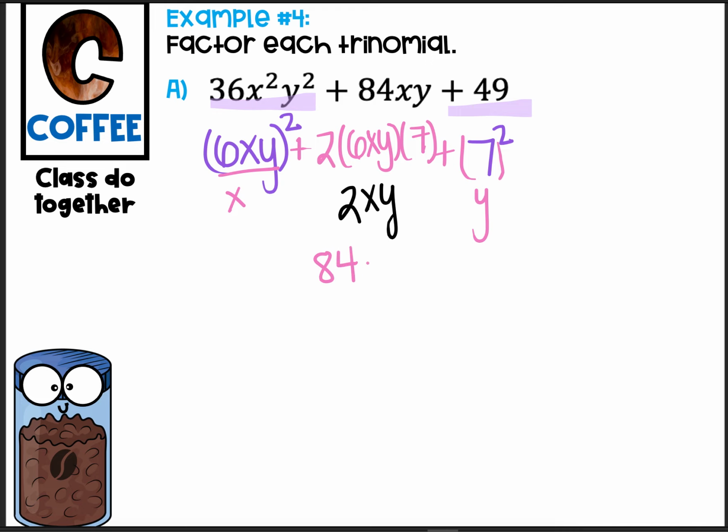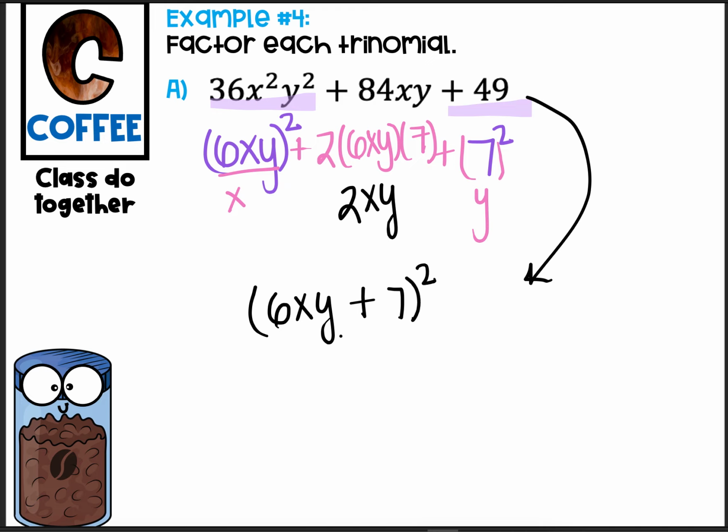And x times y, just xy. In other words, it is true. I can factor this trinomial as 6xy plus 7 squared.